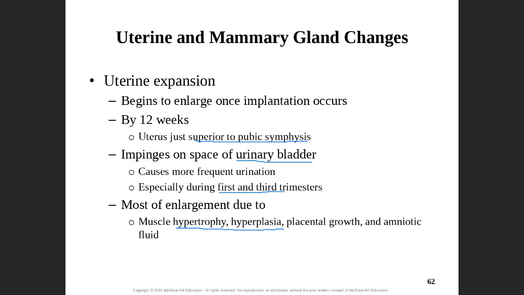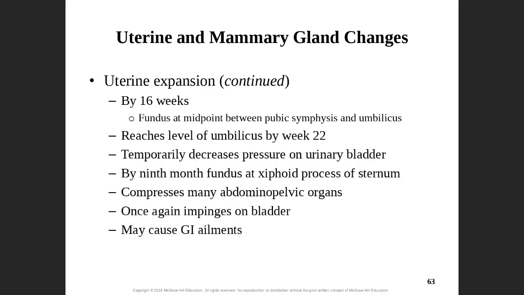That is to accommodate the growth of the placenta, which is accommodating the growth of the fetus, but also an increase in our amniotic fluid too. So when we get to week 16, we'll see the fundus, that top portion of the uterus, now between the pubic symphysis and the umbilicus.